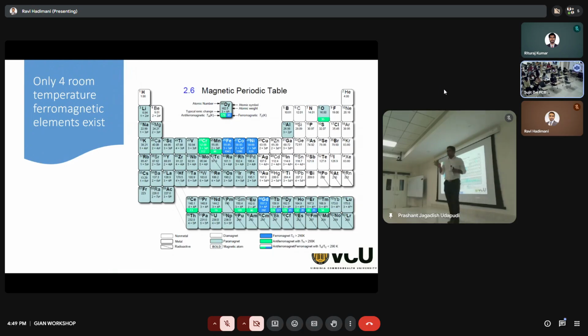But if you know how to tune the spins in a crystal structure, you can make it a ferromagnet. All you need to do is change the spin direction of some individual atoms. So the naturally occurring ferromagnets are iron, cobalt, nickel. There is also gadolinium, but not in India. In India, gadolinium is not a ferromagnet. Do you know what that means?